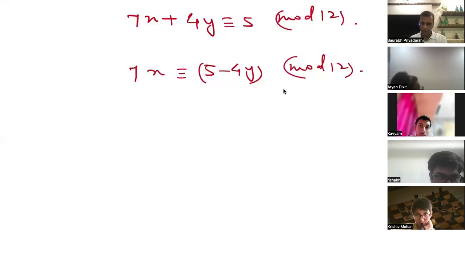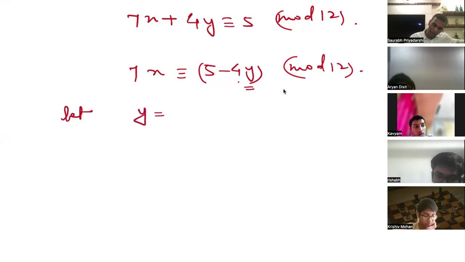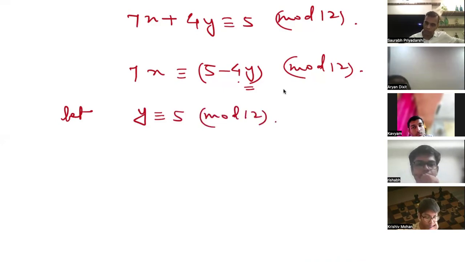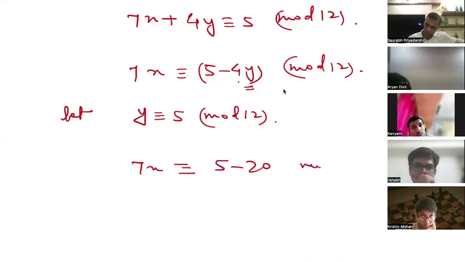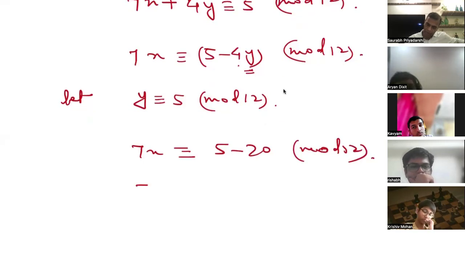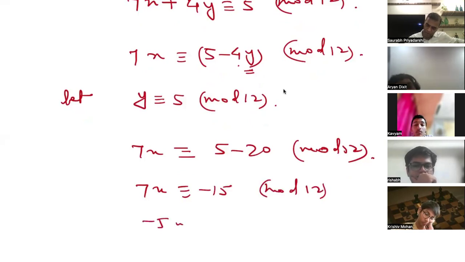Then we have to solve this, y is already divisible by 4, and then we have to see what would be the values. So in this case, I'm saying y is congruent to 5 mod 12. If y is congruent to 5 mod 12, we can say 7x congruent to 5 minus 20 mod 12, or 7x congruent to minus 15 mod 12, or minus 5x congruent to minus 15 mod 12.